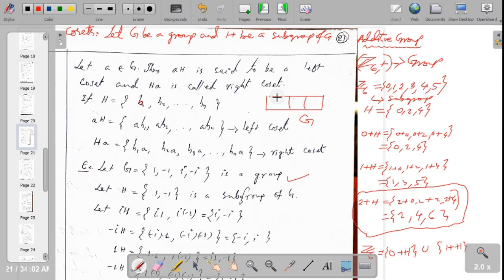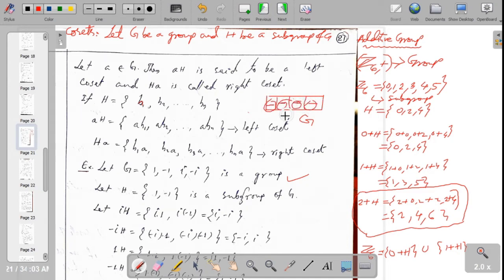So the subsets will partition this group into equal sections, one section, then another section. Likewise it divides into four sections, for example. So this is one subset, another subset.